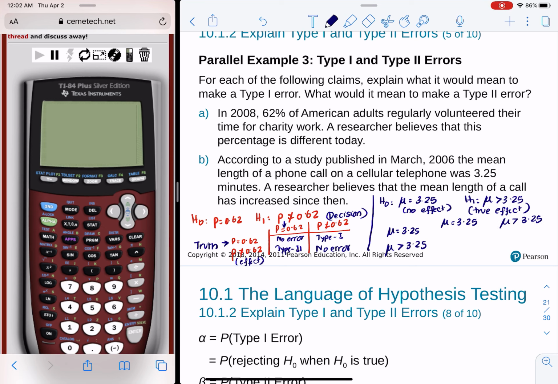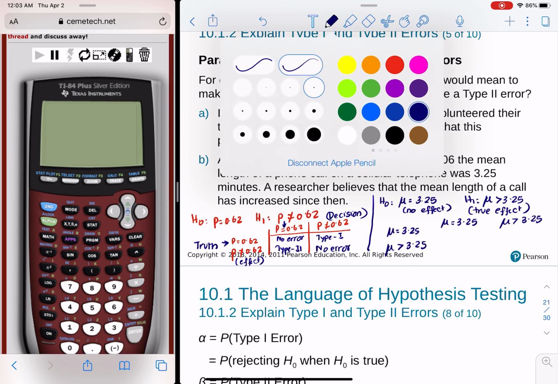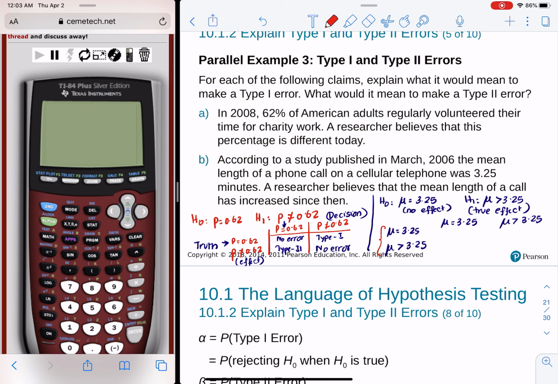Again, I'm going to consider that the truth is in the rows and the decision that we make from using the test is in the columns.